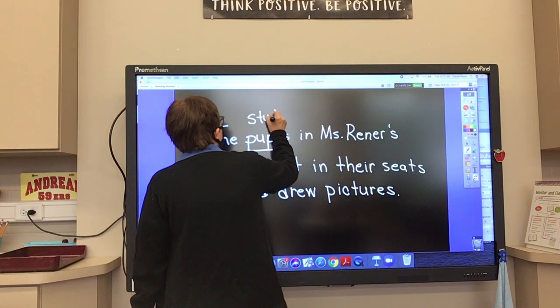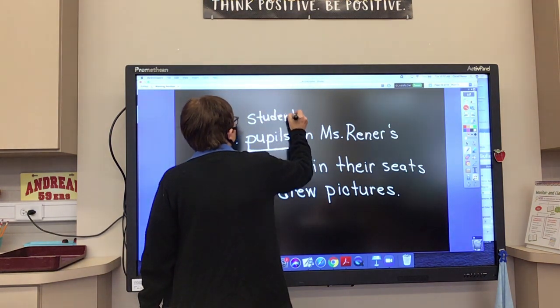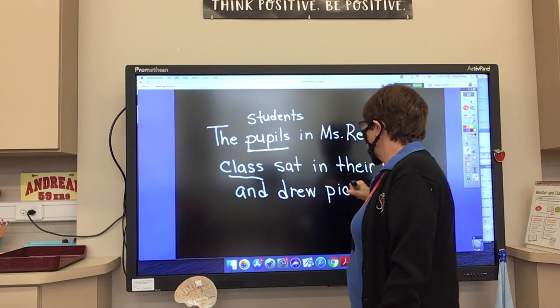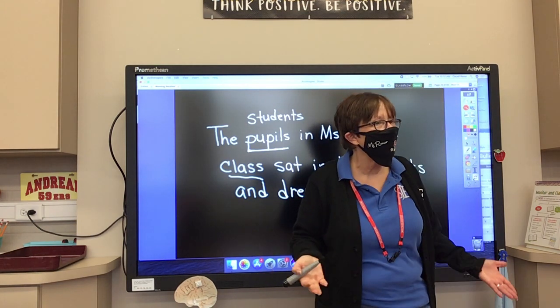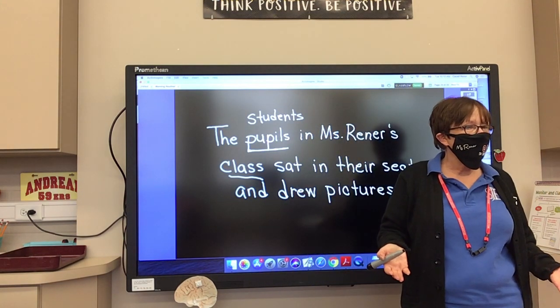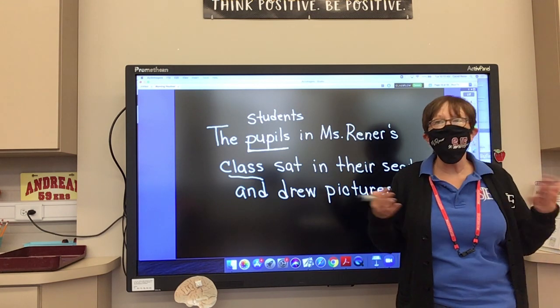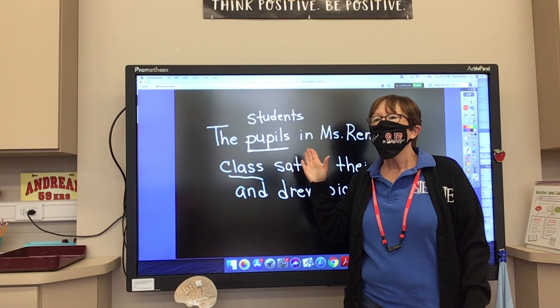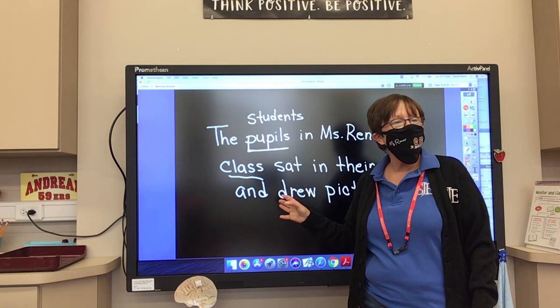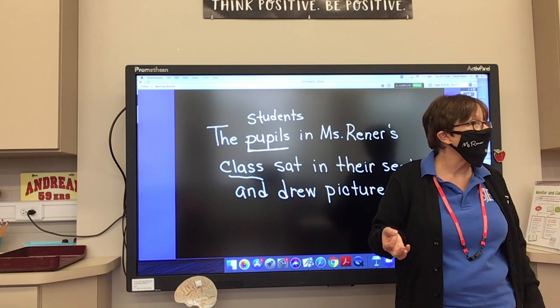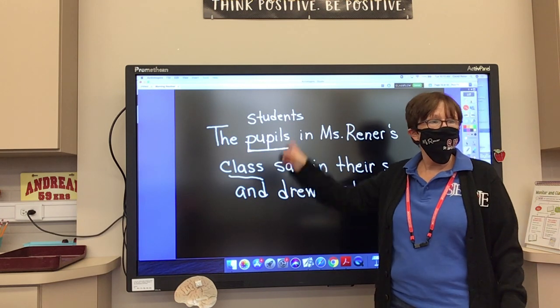So you can replace an unfamiliar word. Does that work? The students in Miss Renner's class sat in their seats and drew pictures. Does that work? Yes. So you can replace an unfamiliar word maybe with a familiar word and see if it makes sense and works in the sentence. And it does.